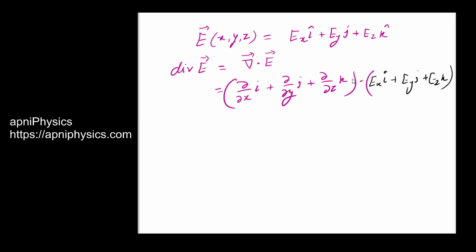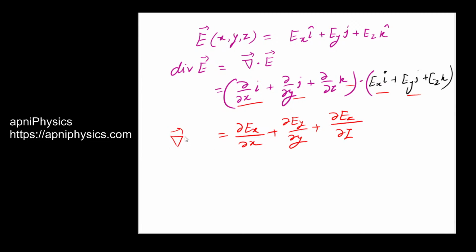And now the scalar product between the first components, i dot i is equal to 1, so you can write here del Ex upon del x, then j dot j is equal to 1, so this will be del Ey upon del y, plus k dot k is equal to 1, so this will be del Ez upon del z. So this is the result of divergence of E in mathematical form.